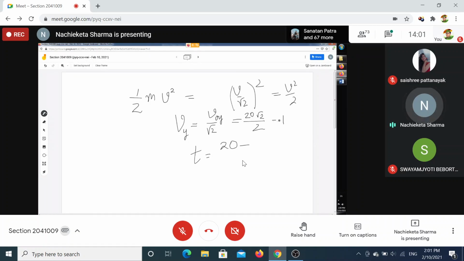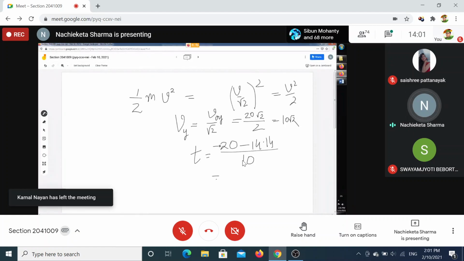And 10 root 2 is 14.14. So 14.14, divide it by 10, that is your acceleration due to gravity. Sorry, this should be minus and this should be plus, so no problem.